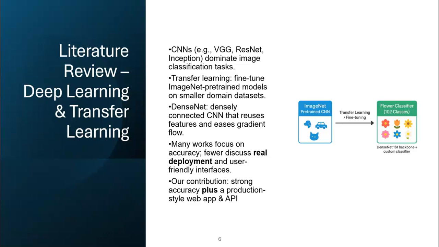DenseNet, which we use, is a densely connected CNN that reuses features and helps gradients flow better through the network. The literature mostly focuses on accuracy numbers, and relatively few papers talk about real deployment and user-friendly interfaces. Our contribution is combining strong accuracy with a production-style web page and user-friendly interface, mainly targeted at non-technical users.